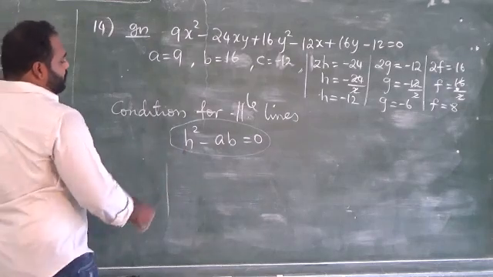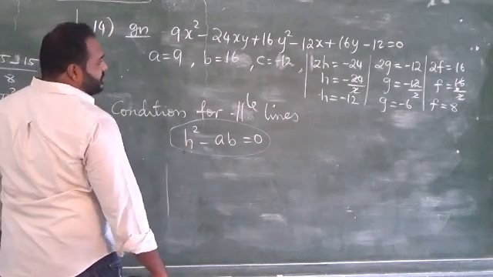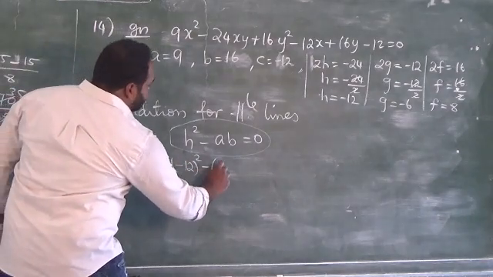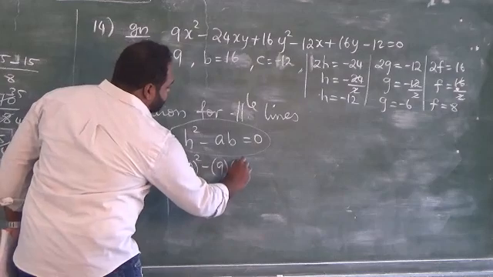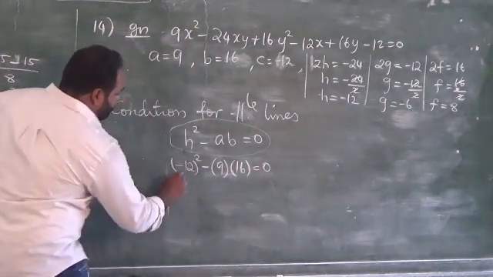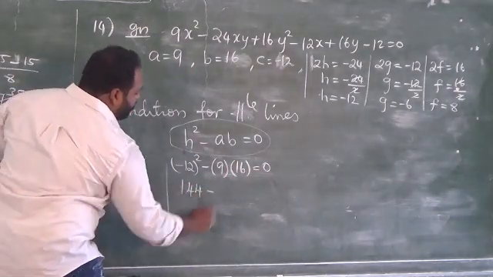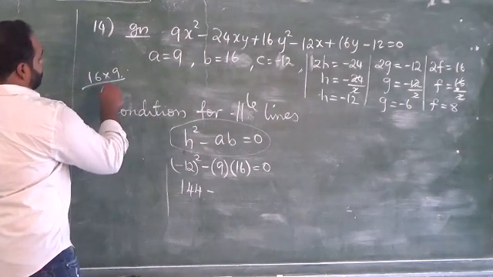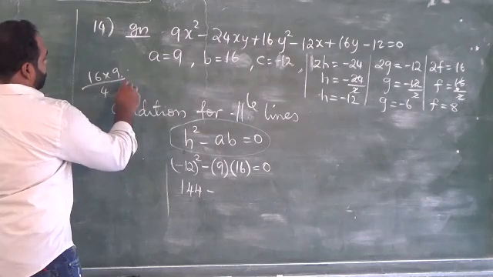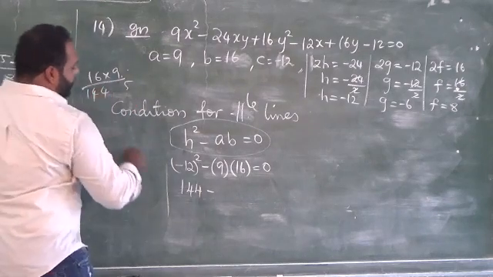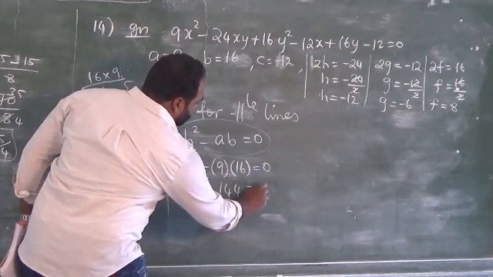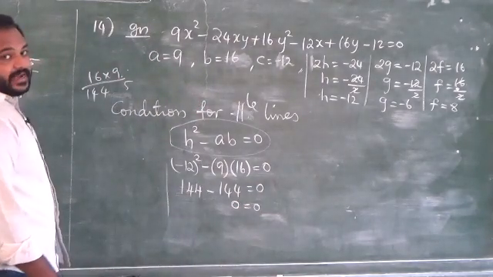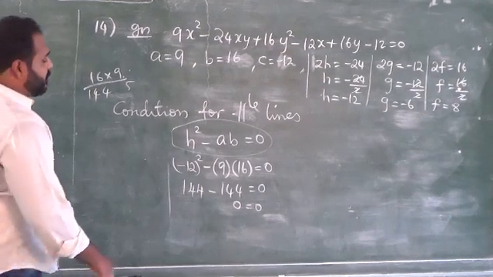So I am going to substitute the values and check the condition. Minus 12 whole square minus a value 9 times b value 16 equal to 0. This is 144 minus 16 into 9, which is 144, equal to 0. So 0 equal to 0. The condition is satisfied, so the given equation is a pair of parallel lines.